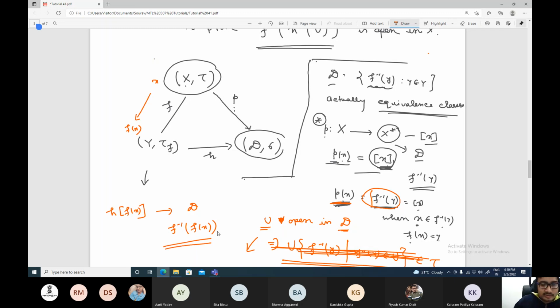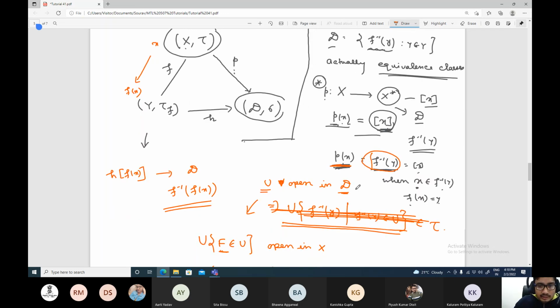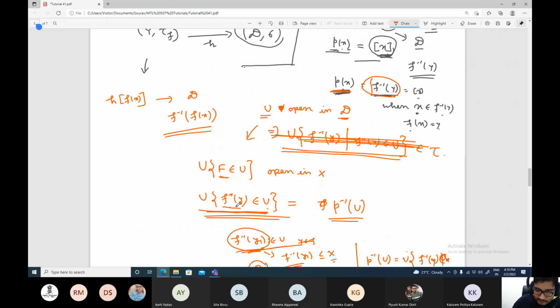But F inverse of fx is actually an element from here; it is a subset of X containing x.